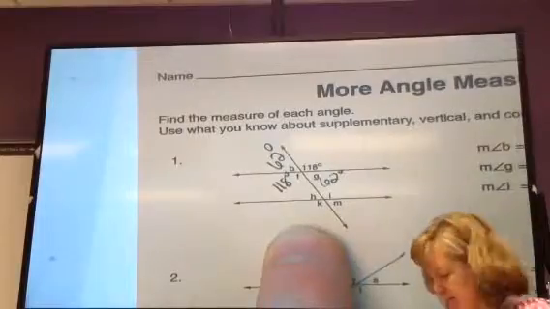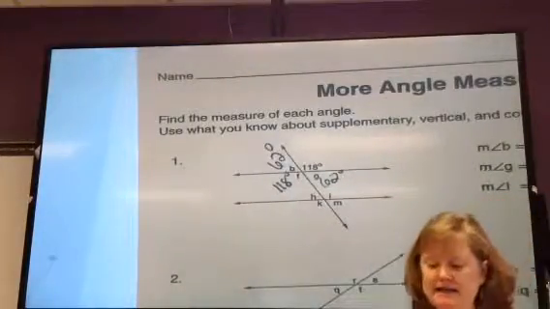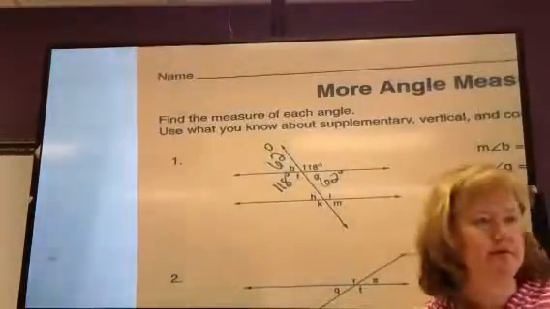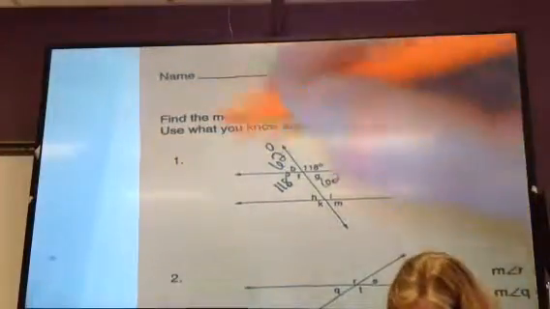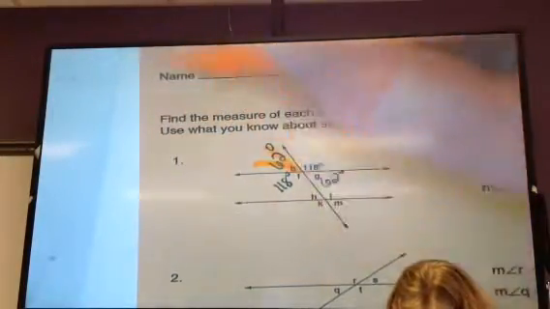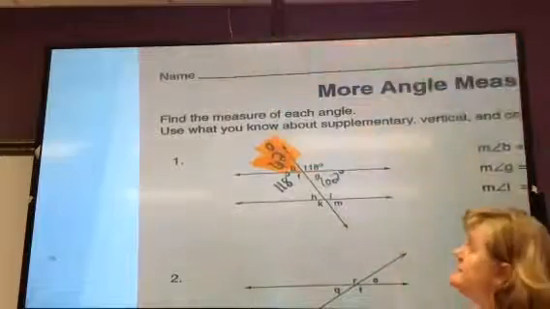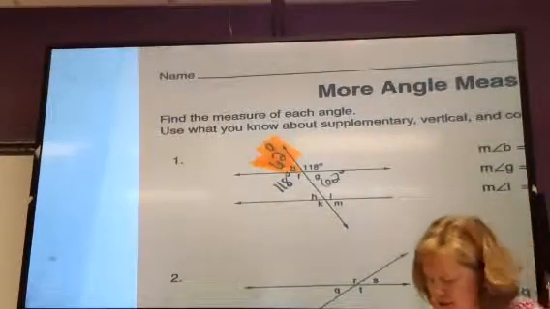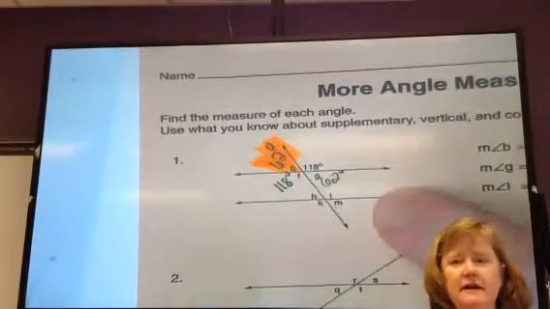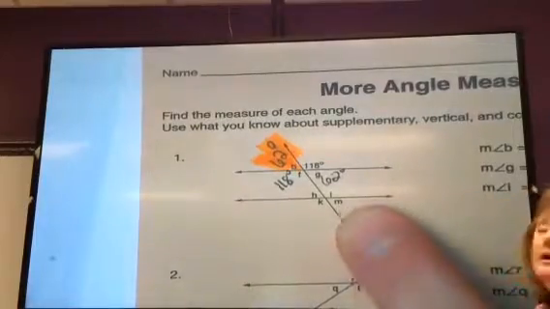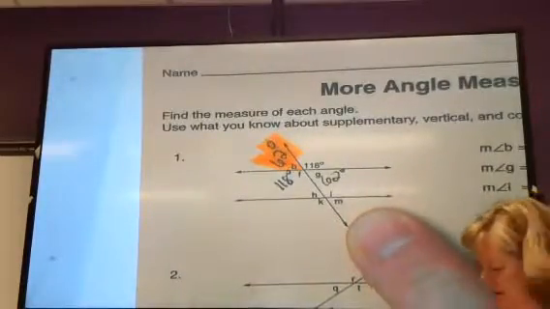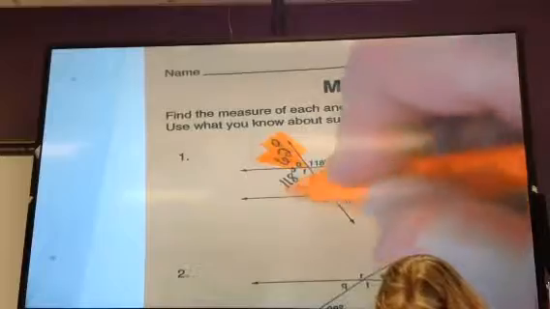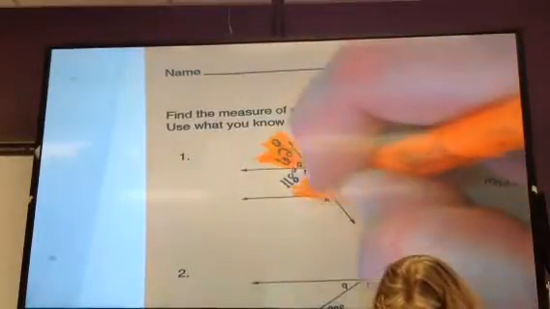Good job. Okay. Now, let's go to the corresponding angles. Equal. Okay? Corresponding angles. This angle corresponds to which angle down here? On the count of 3, everyone. 1, 2, 3. H. Good. And what do we know about corresponding angles?